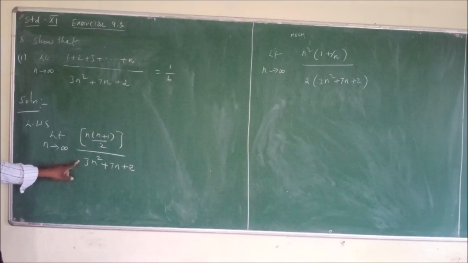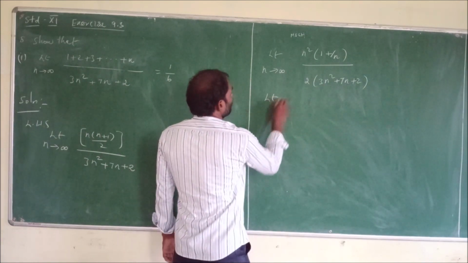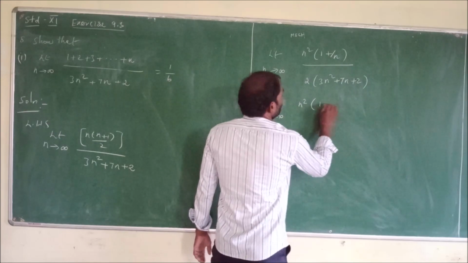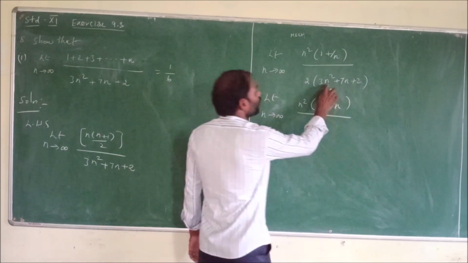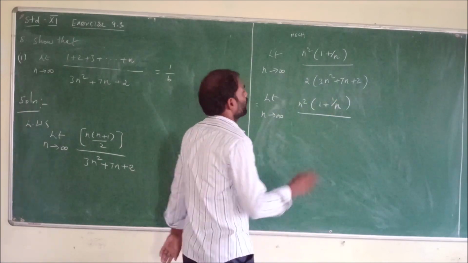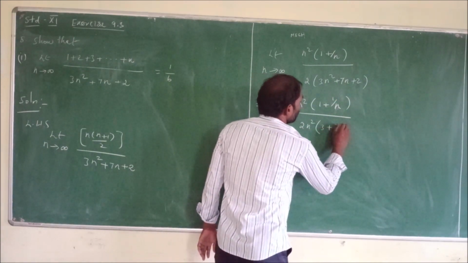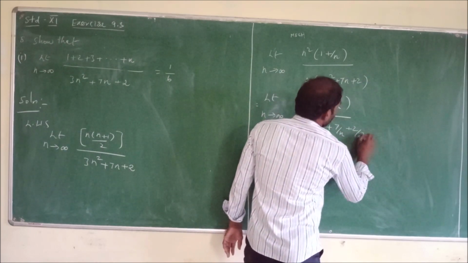So after taking n square in the numerator, limit n tends to infinity, n square into 1 plus 1 by n, divided by, again taking n square for the denominator term, 2 into n square, 3 plus 7 by n plus 2 by n square.